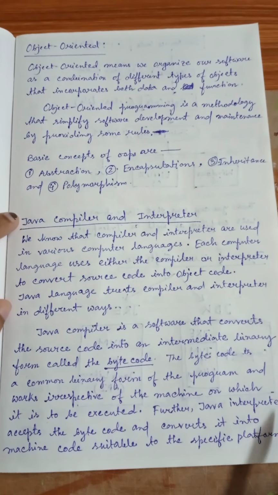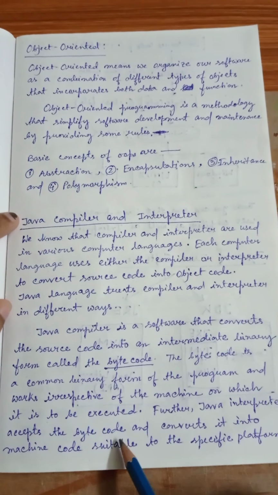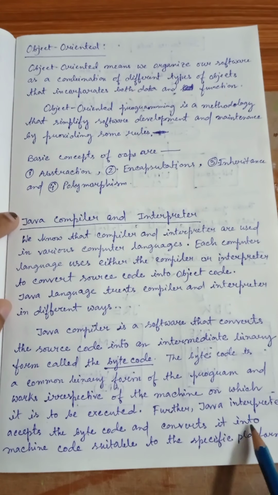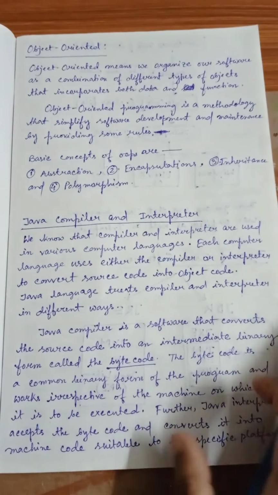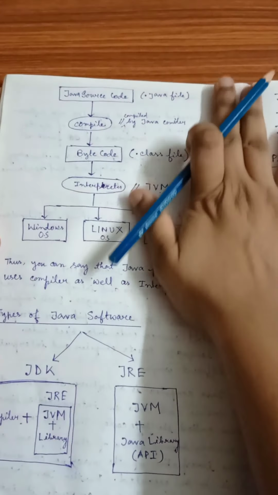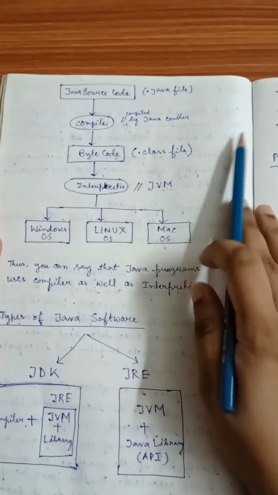Further, Java interpreter accepts the bytecode and converts it into machine code suitable to the specific platform.